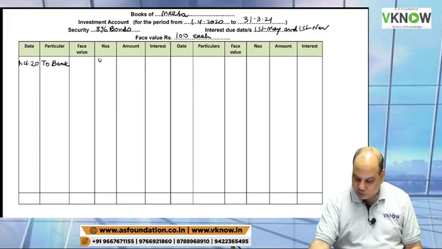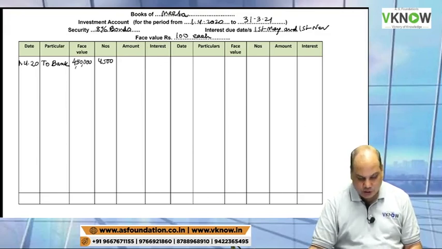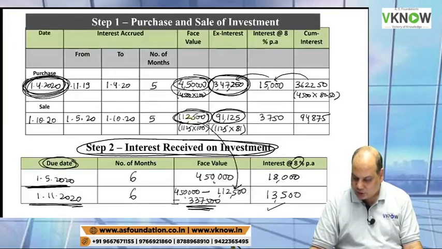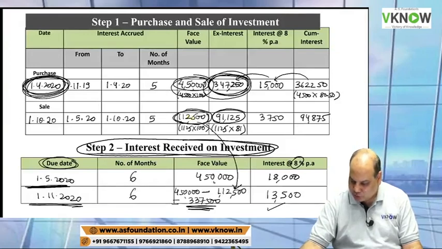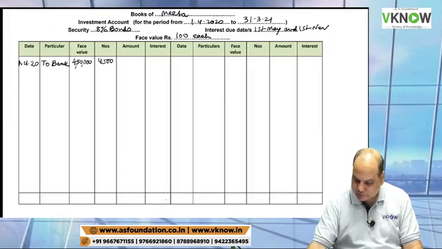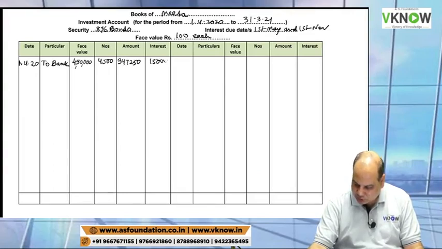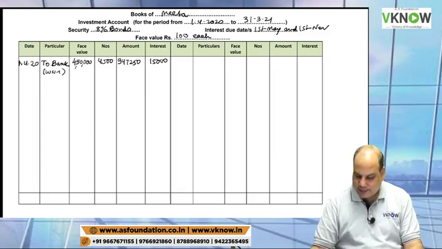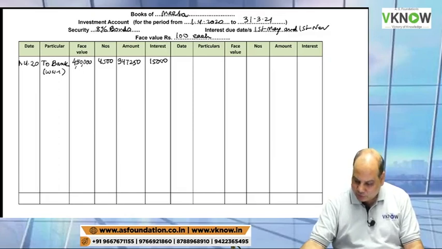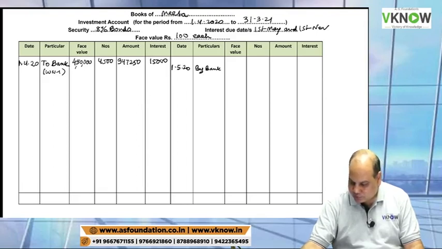We have purchased 4,500 quantity whose face value is 4,50,000, and the amount will be ex-interest amount on the screen, working note 1, 347,250, and interest is 15,000. So you will write here working note 1, and then we will receive interest on 1st May 2020 by bank.